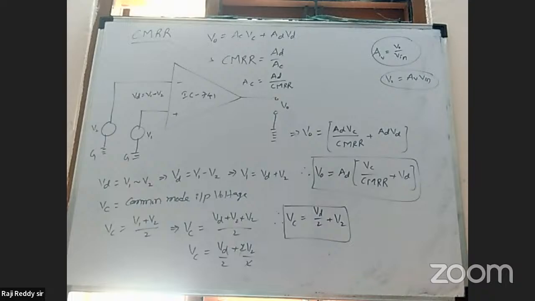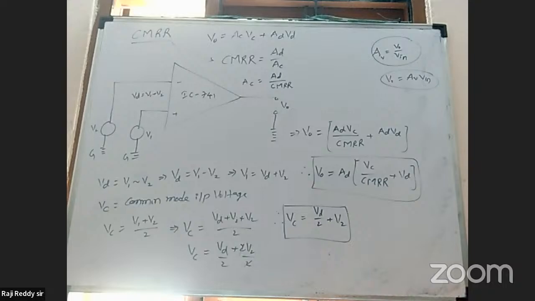Next one, slew rate. Slew rate of the operational amplifier, in terms of frequency range or current across a capacitor plate, nothing but conventional current.